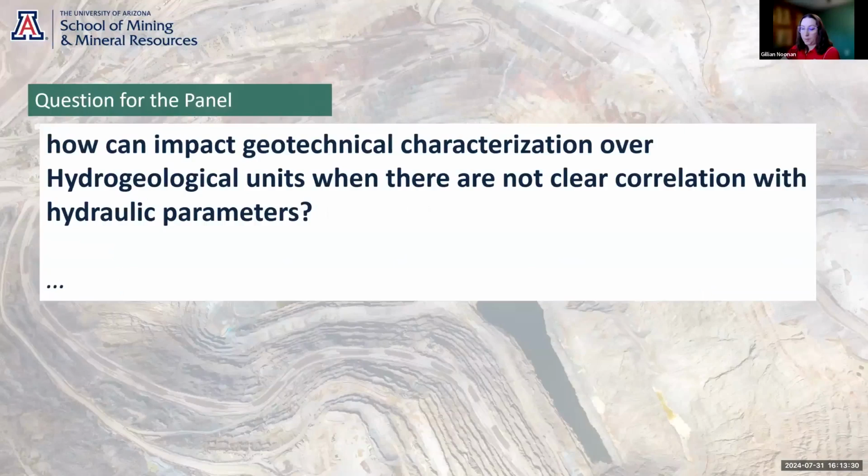All right. Well, I'm going to bring up the question that will provide an additional challenge to that. What about in the case where you do not have clear correlation with your hydraulic parameters that you are measuring to make an assessment about hydrogeological units, and how can that impact your characterization?